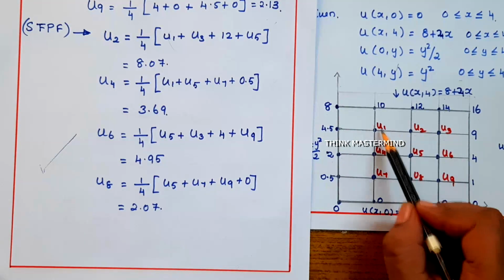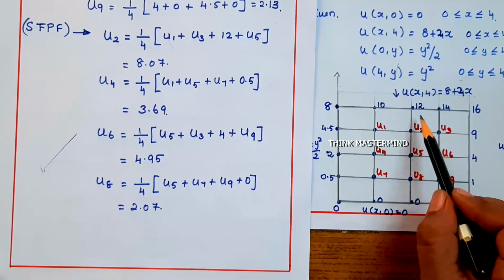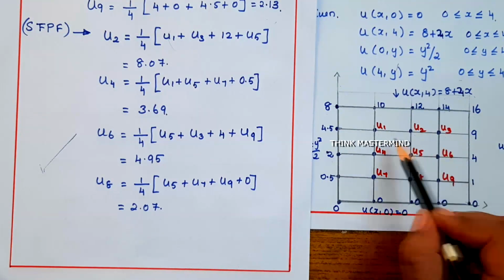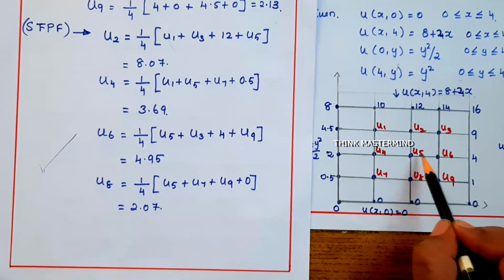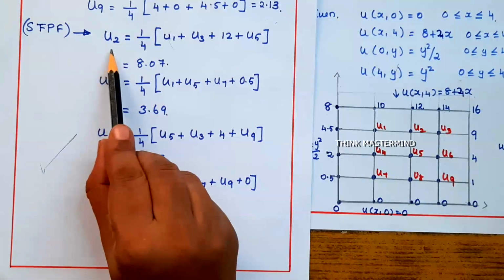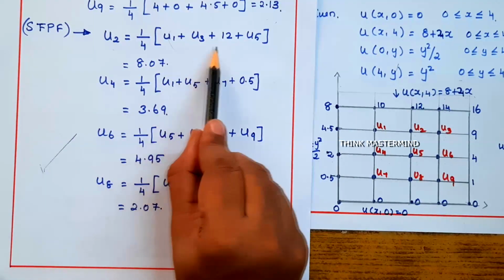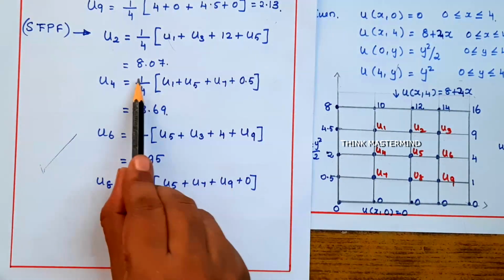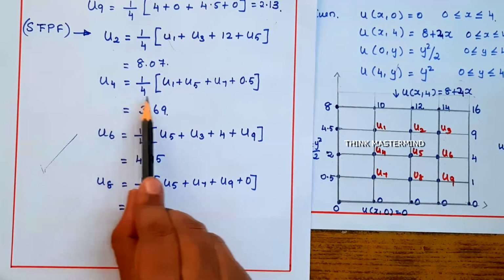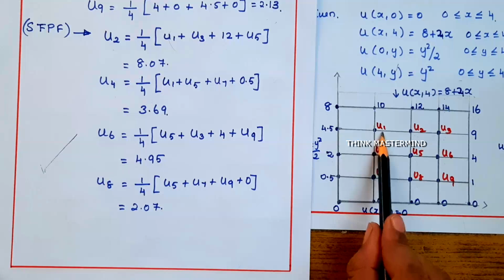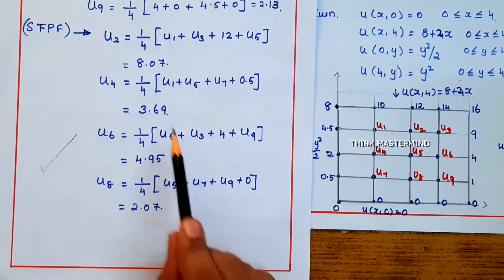Only the standard 5-point formula you can use to find u2, because we know the values u1, u3 and u5. So the standard 5-point formula for u2 is equal to 1 by 4 times of u1 plus u3 plus 12 plus 5, that is 8.04. Similarly for u4, 1 by 4 times of u1, u5, u7 plus 2, that is 3.69.